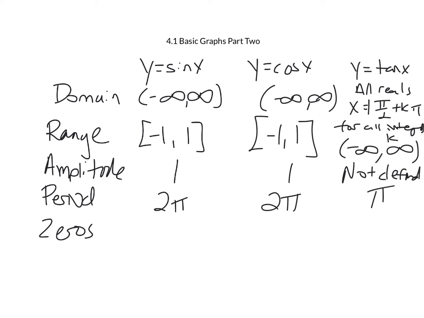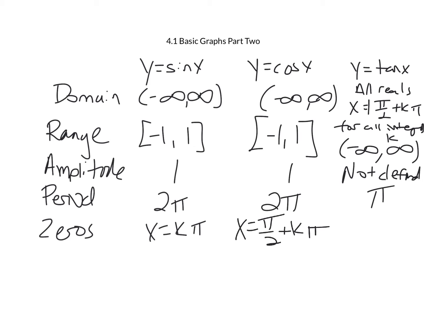The zeros in these cases are, for sine, every time we hit pi, right? So it's when x is equal to k pi for all integers k. And then for cosine, for every pi after pi over 2, that is going to be what makes cosine 0.